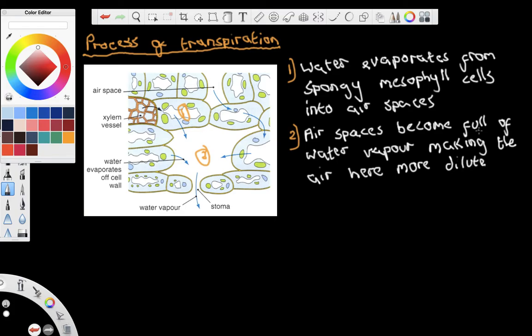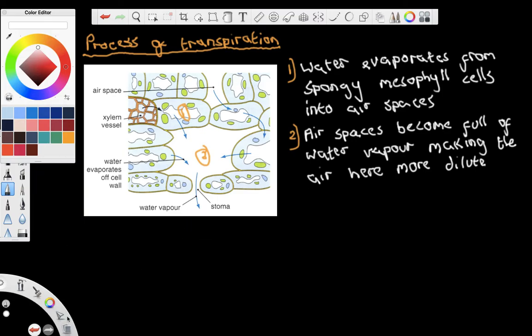As this is more dilute compared to the air outside of the stomata, there is a sort of water potential gradient made.